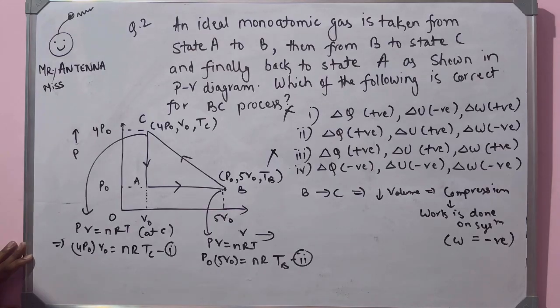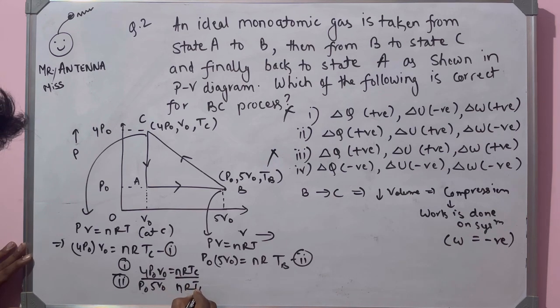Now let's take the ratio of these two, so we can get the comparison. Equation 1 by equation 2. So we'll get 4 P naught V naught equals nRTC divided by P naught 5 V naught equals nRTB. nR cancels, P naught V naught cancels.